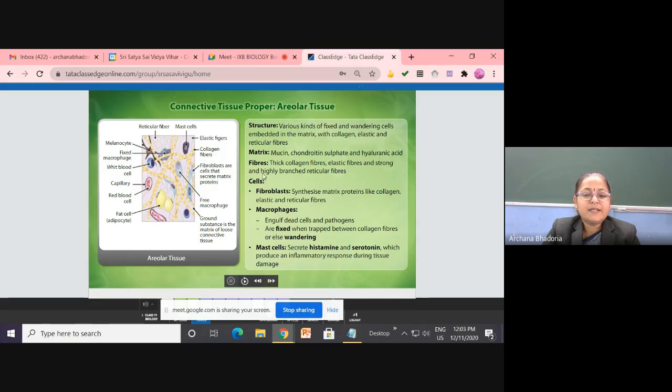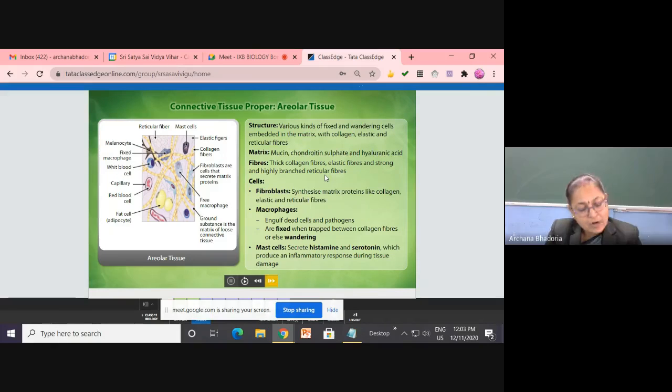And the third one is the strong and highly branched reticular fibers. Reticular means that they form a network. Since they are branched, they form a network. Noted this much?